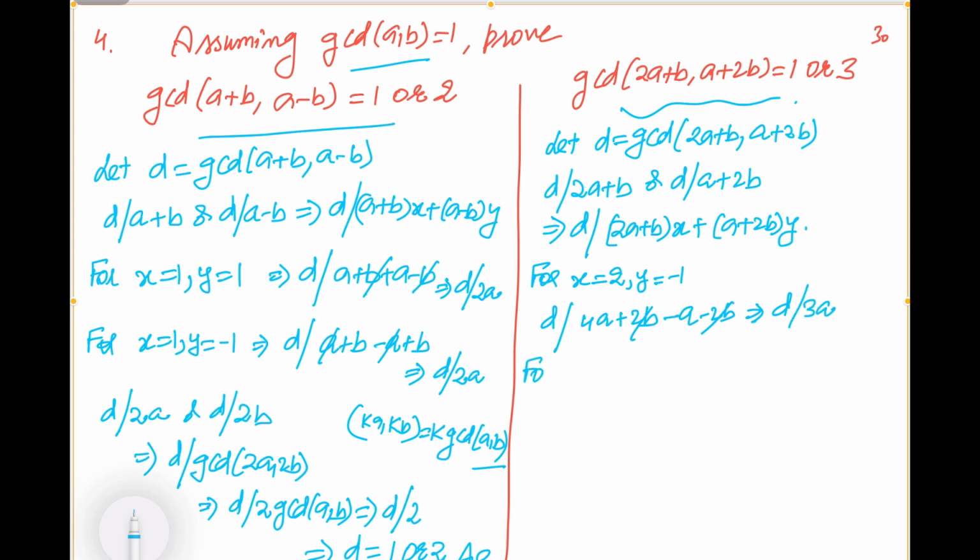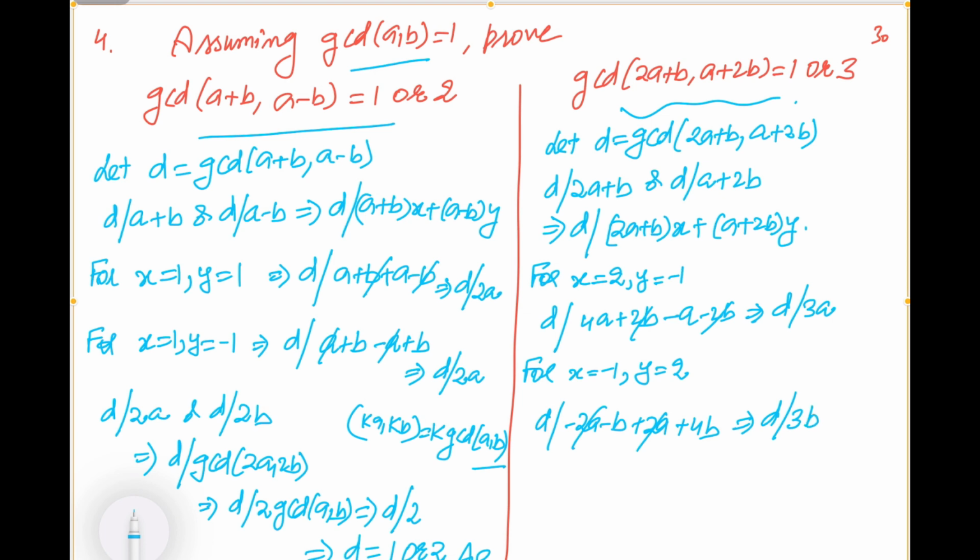And in the second case, we choose X is equal to minus 1, Y equals to 2. So D divides minus 2A minus B plus 2A plus 4B. So 2A, 2A cancel, we are left with D divides 3B.